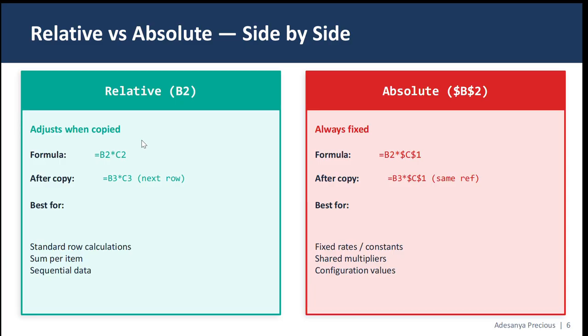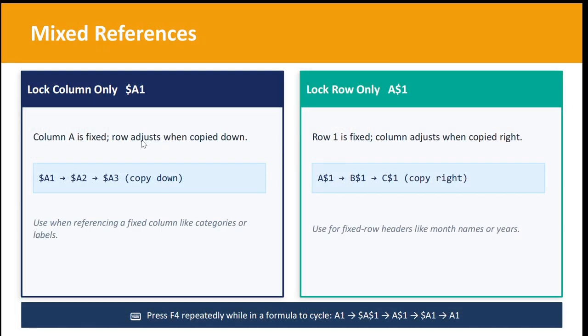That's why I just explained. So, mixed references. Now, for example, let's say we want to lock a column only, or we want to lock a row only. That's mixed referencing already. We want to lock a column and leave the row. We want to lock a row and leave the column. That is mixed referencing.